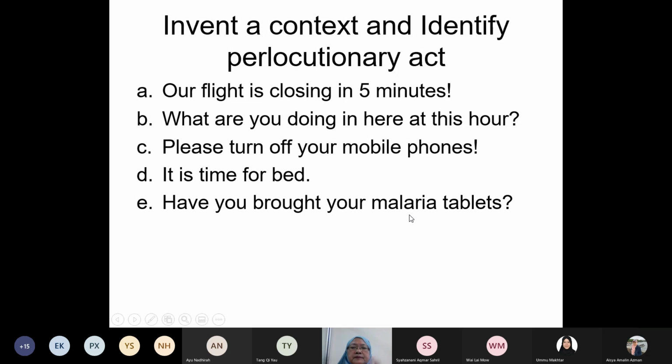"Have you brought your malaria tablets?" This is if I come up with a situation like my husband travels, let's say. This is very foreign. Say a foreign person is traveling, so he's coming to Malaysia, and the Southeast Asia region, we are very well known for malaria. So the wife will ask him, "Have you brought your malaria tablets?" Because if he's coming to a region where malaria is very prominent, the wife is reminding him so that he doesn't forget his malaria tablets.